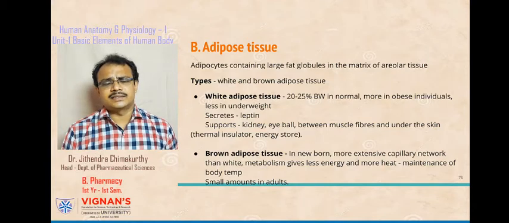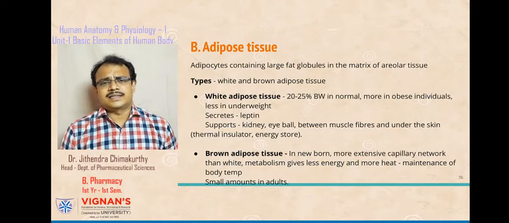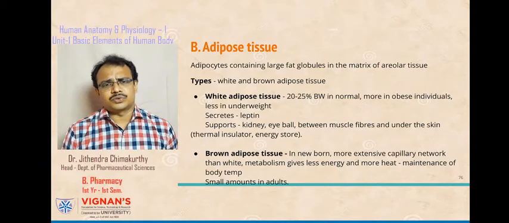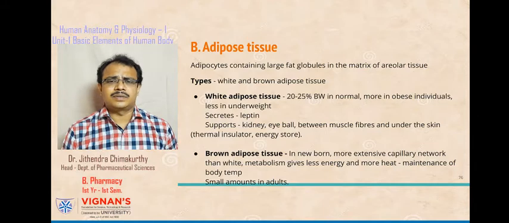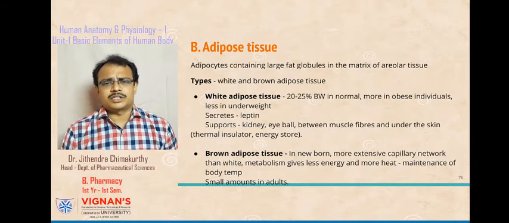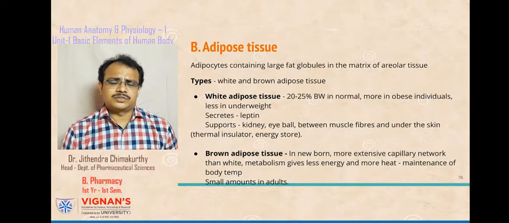These adipocytes consist of fat globules, and generally they are involved in insulation and also serve as an energy store. Kidneys and eyeballs are surrounded by this white adipose tissue, which gives protection to these organs.